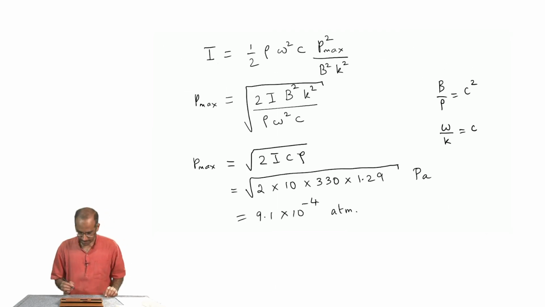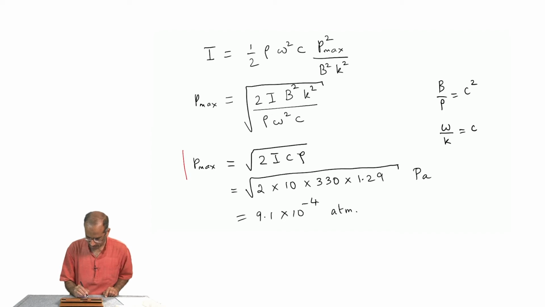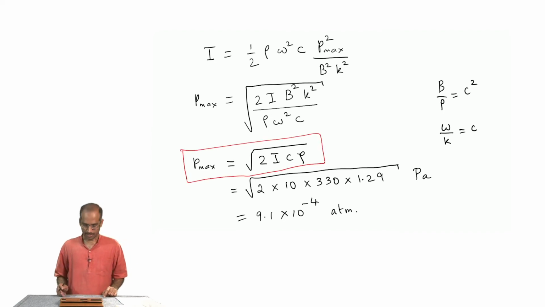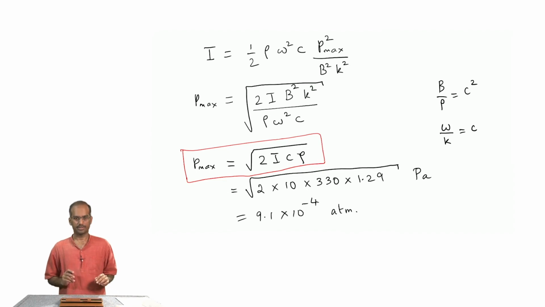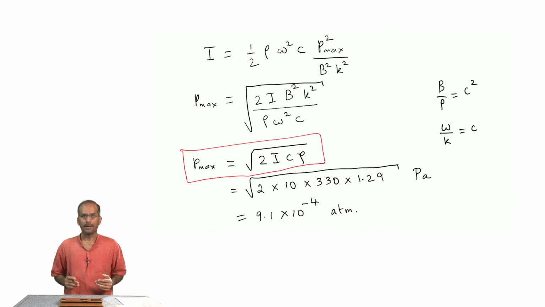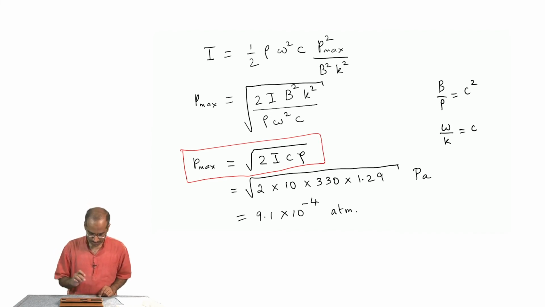So, I had already introduced to you this formula which relates the pressure amplitude or amplitude of pressure variations to the intensity I. So, we are going to use this one, and from here it is a very straightforward exercise.